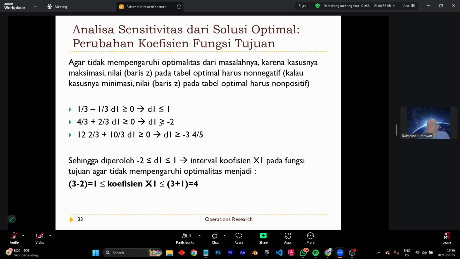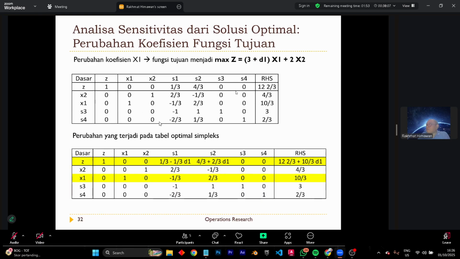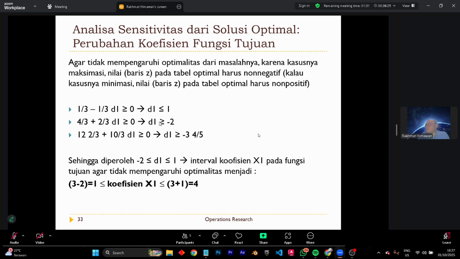We still need to have the same configuration, meaning we still need to produce 10 by 3 ton of X1 and 4 by 3 of X2. Of course, Z is going to be reduced, but the optimality, or the configuration of how much to produce, is still going to be the same. It will not affect the optimality.